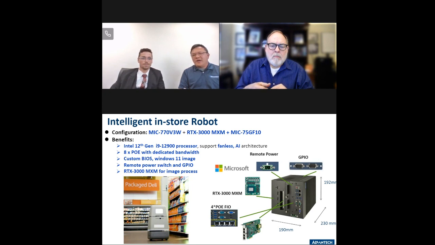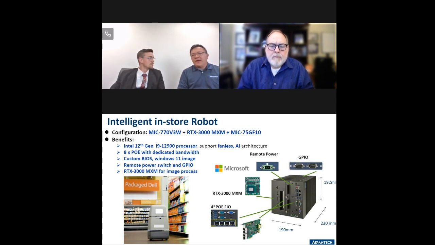You see there are many I/O in the slide, like GPIO, remote power, and PoE, because for the camera, they can use a USB or PoE interface. So customers need like 8 ports of PoE for the cameras. They can integrate that into the bare bone unit instead of purchasing a PCIe card.